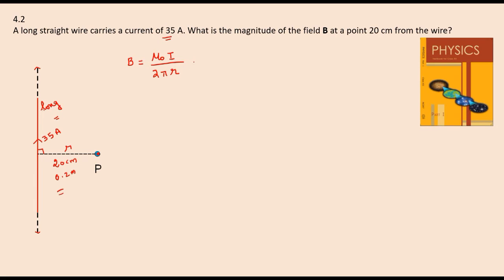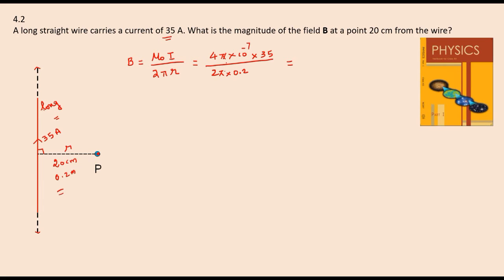Mu naught I by 2R is for a circular coil or circular conductor. Simply substitute the values. Mu naught, permeability of free space, 4 pi into 10 to the power of minus 7. Current I, 35 ampere, divided by 2 pi R, 0.2. Simplify further.